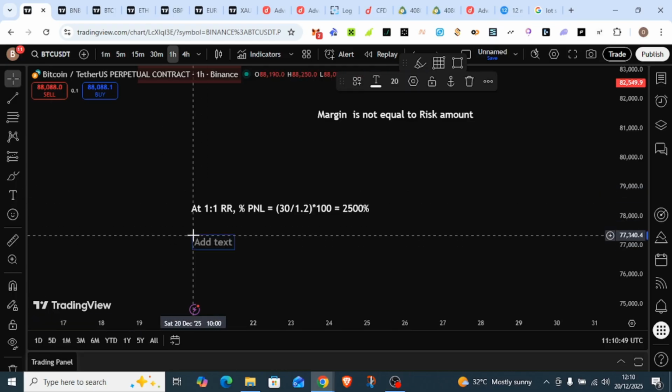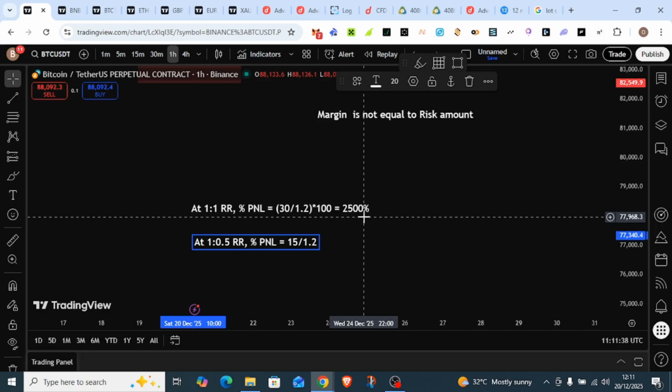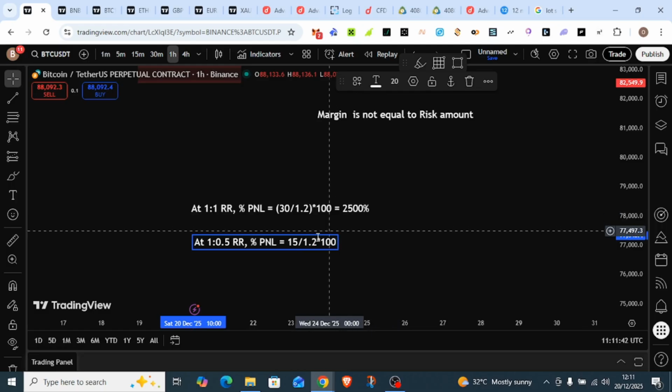Good. Let's try another thing here. At a ratio of 0.5, when the trade gets to half the take profit level, the profit will be $15. That's 15 over 1.2 times 100.